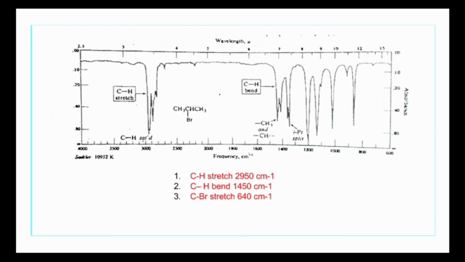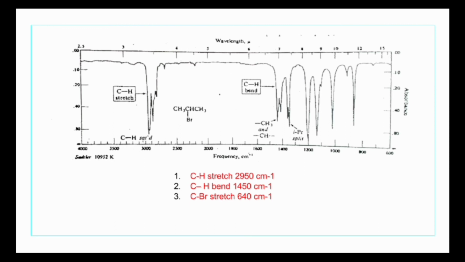We see the structure of the molecule, then we see in the correlation chart the C-Br stretching frequency, then we see whether this IR spectrum shows a peak at the specific frequency mentioned in the correlation table.